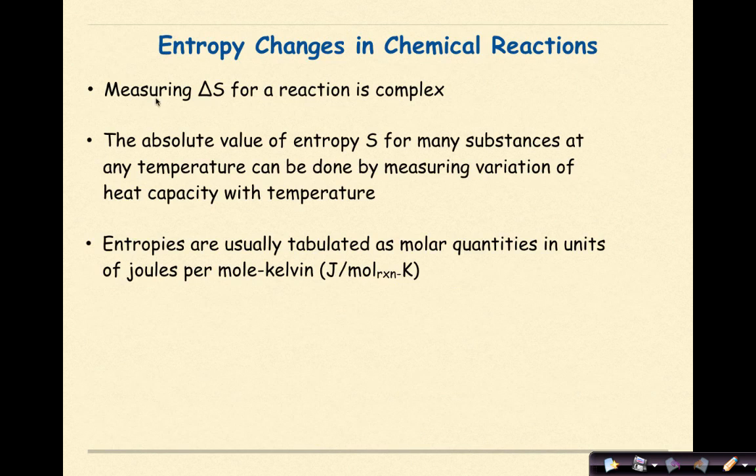Entropy changes in chemical reactions. Measuring a change in entropy for a reaction is pretty complex. The absolute value of entropy S for many substances at any temperature can be done by measuring variations of heat capacity with temperature. Entropies are usually tabulated as molar quantities in units of joules per mole Kelvin, otherwise represented as these symbols right here.